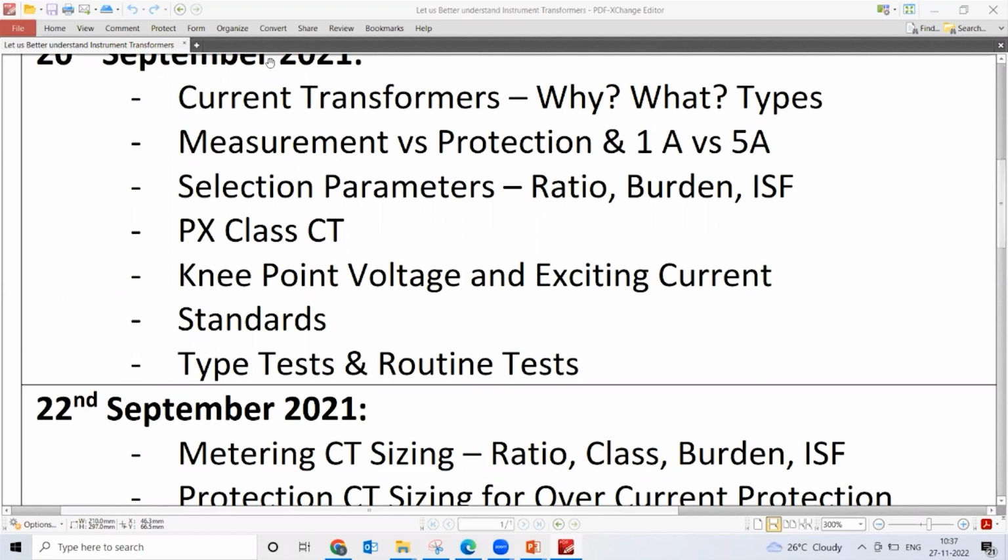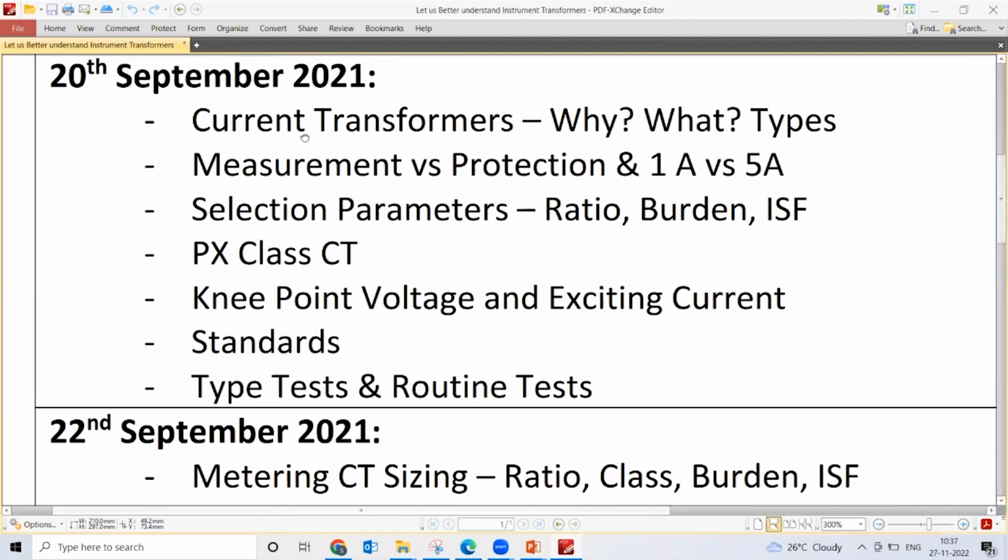Of course, the current has to be scaled down to a predefined ratio. Just as the voltage transformer changes a higher voltage to a lower voltage in a predefined scale, the current transformer scales down the current from the higher value to the lower value.